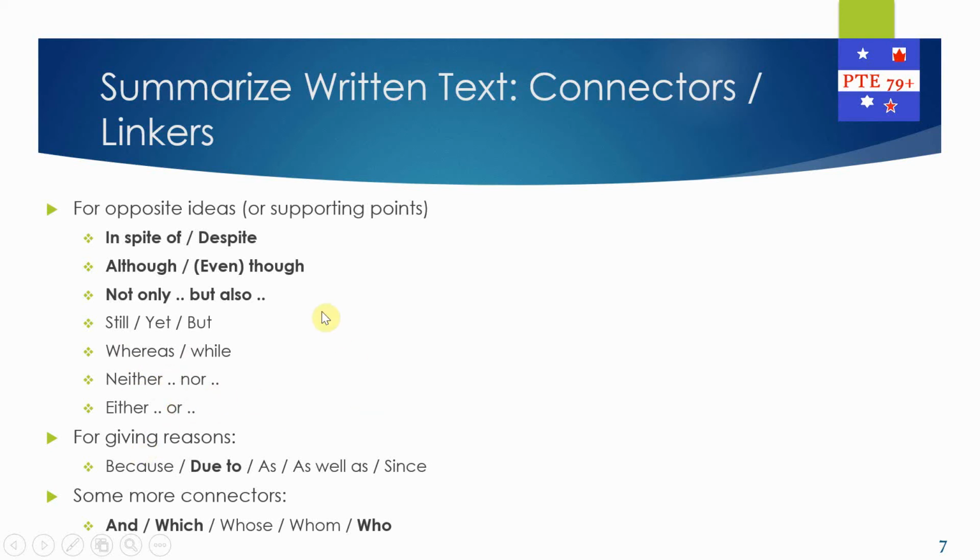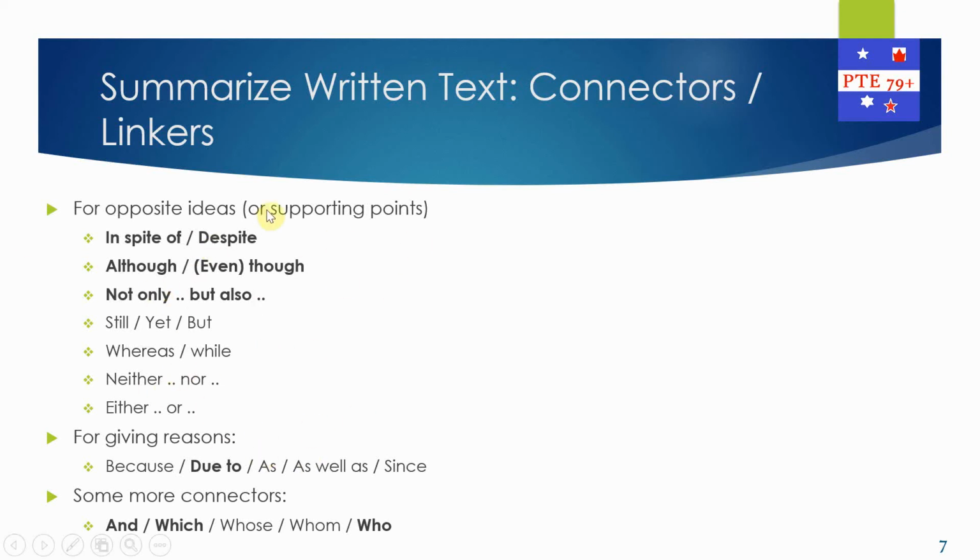Another important point here is the supporting points and the main points. Whatever the main point is, the supporting points will either support the main point or contradict it, or some supporting points will contradict and some will support. Based on what is happening with the supporting points, you can decide which connector you want to use.